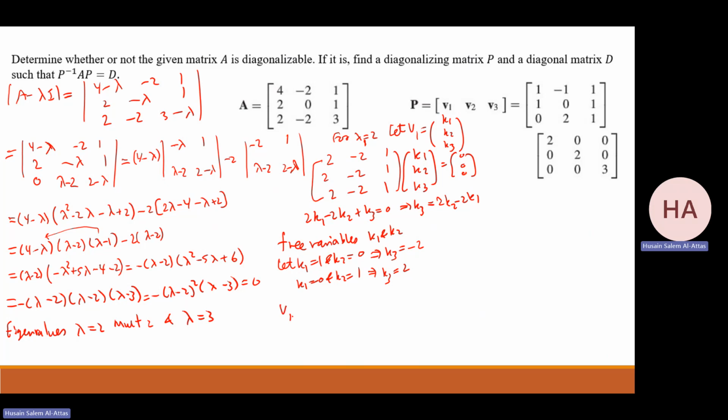So what is V1? I have 1, 0, minus 2. What is V2? That will be 0, 1, 2. Okay, different than what we have there, it's okay. They are correct. So I have two eigenvectors here.